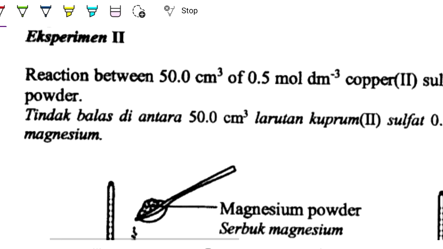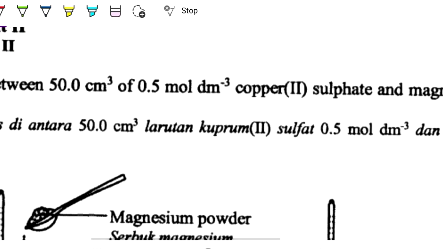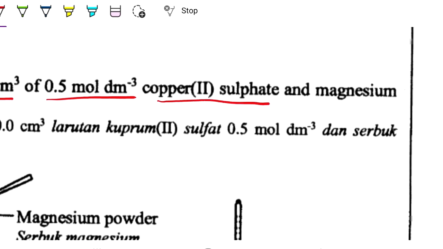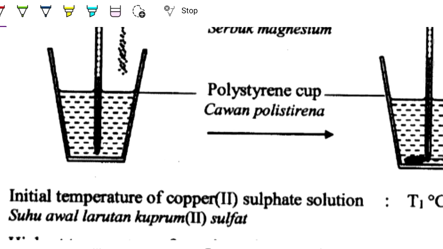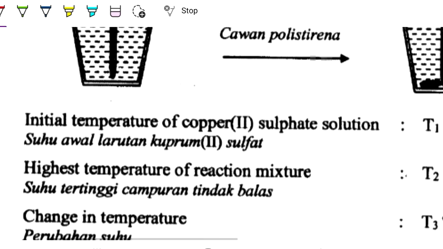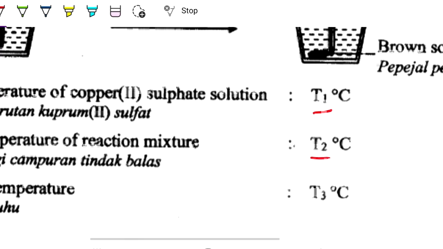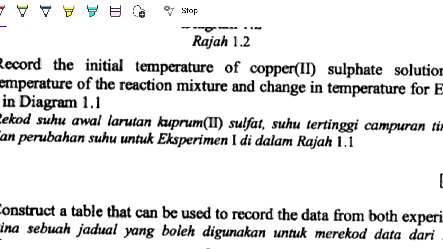For experiment 2, we see the volume 50, concentration 0.5, now using copper(II) sulfate and magnesium. Here the temperatures are T1, T2 and T3. This is how we record already.